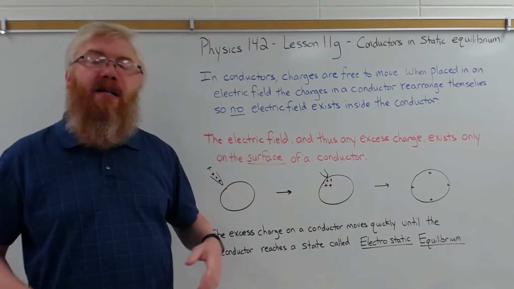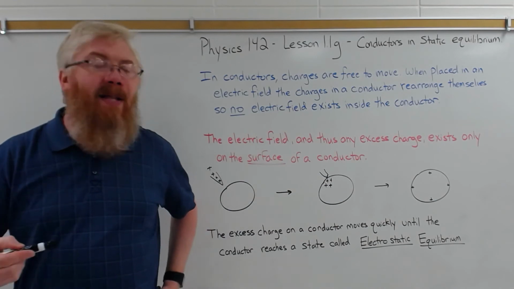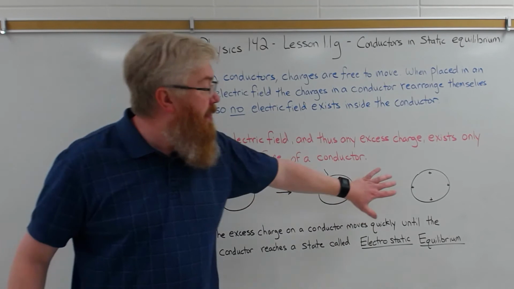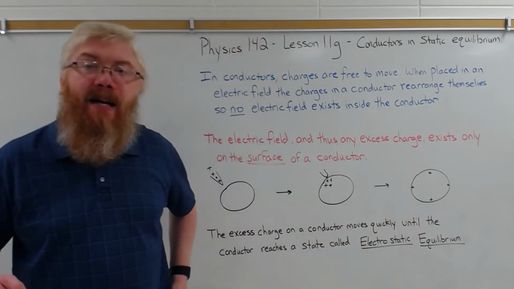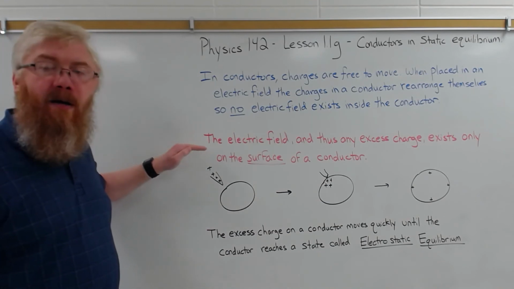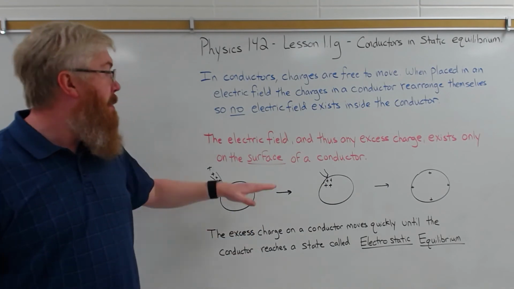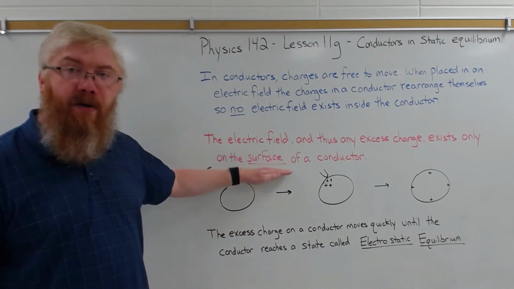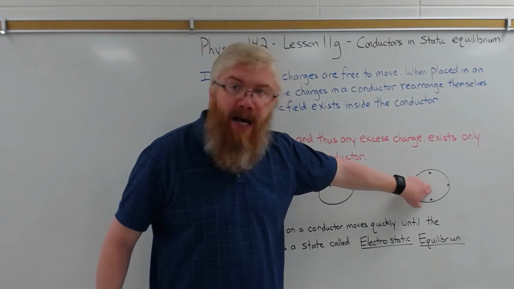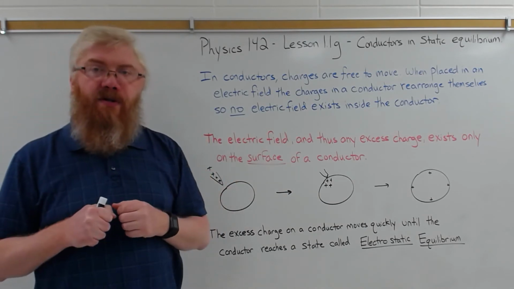Now, this analogy doesn't work with more complicated geometries like pyramids and so on, but realize that the charges will reorient themselves until the electric field inside that conductor is zero, which means that all of the electric charge that you deposit on a conductor, all of that excess charge moves to the surface of a conductor. No charge remains inside the solid conductor. All of the charge moves to the surface.